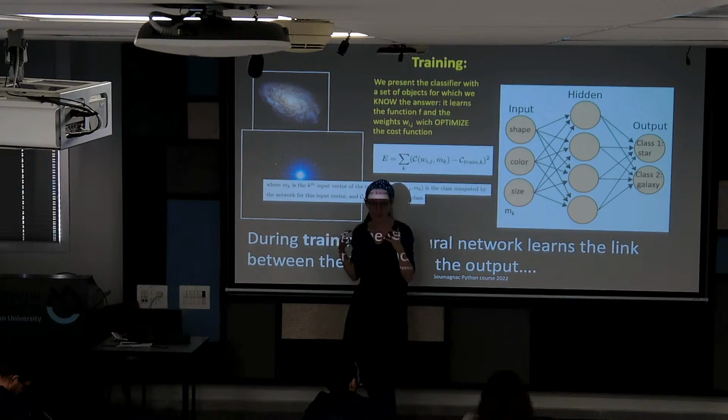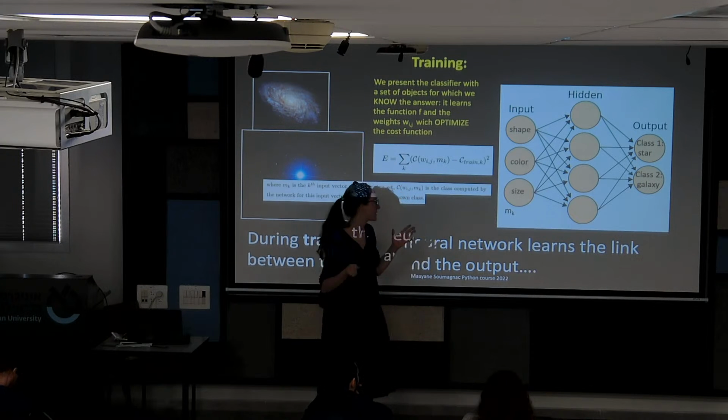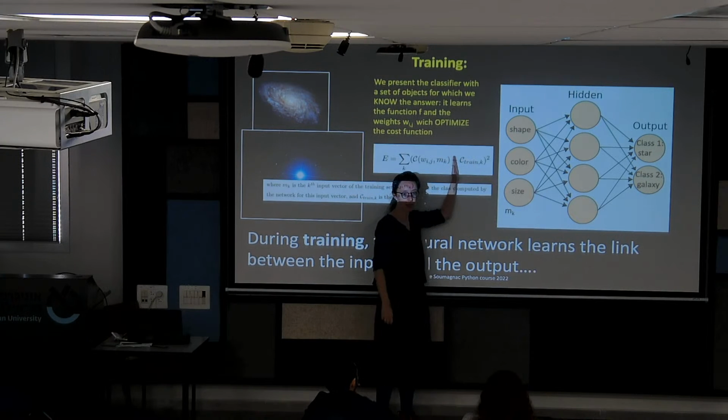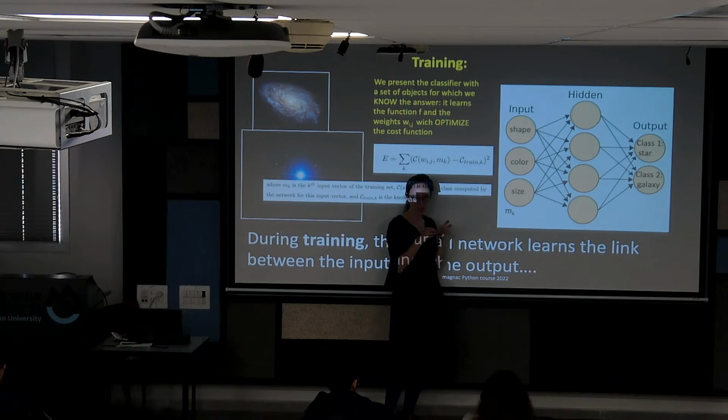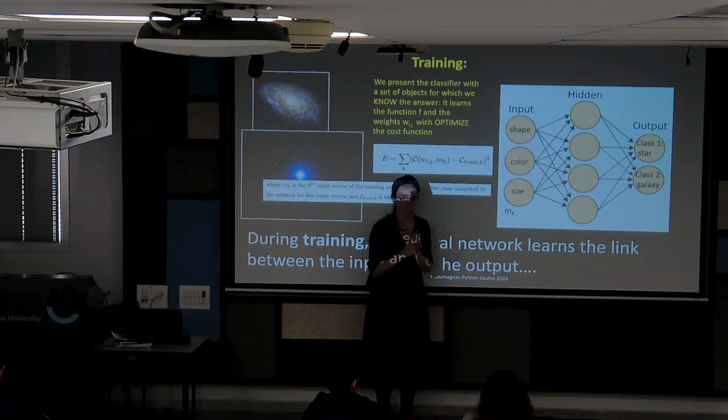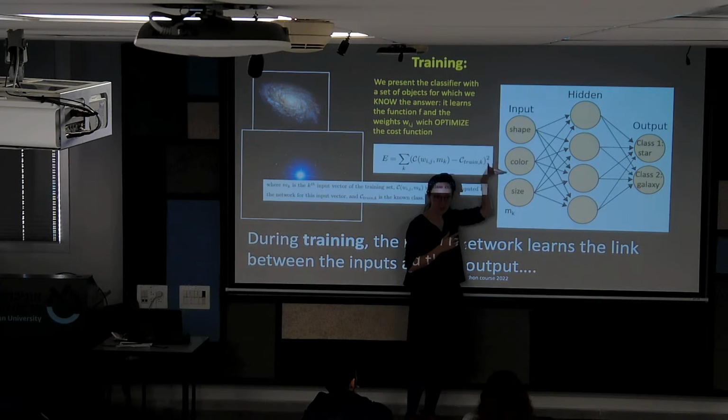With the cats and the dogs, you can think about it as an additional step where it does some image processing. It will manage to measure the size of the ears or the color of the skin. So it's easier to think about it first in terms of properties.